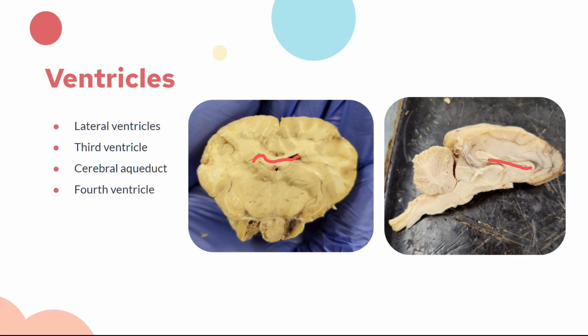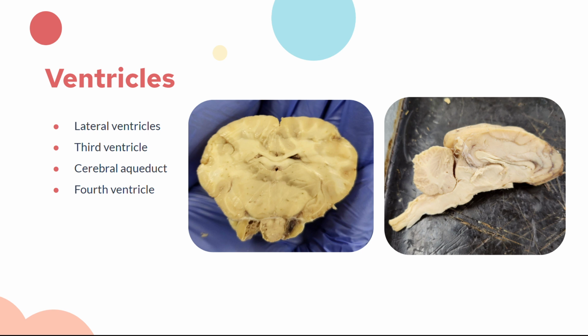Our third ventricle for the coronal section would be right underneath this area. You can kind of see this little hole. It would be right there, our third ventricle. As for the sagittal section, the third ventricle would be right around this section as well. I'm going to outline that for you. Our third ventricle would be around here.